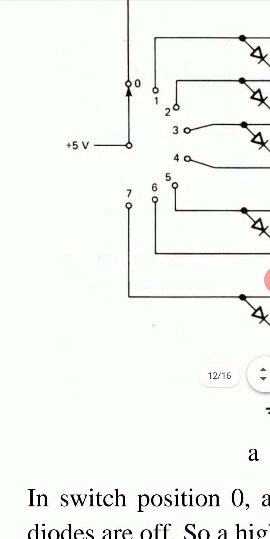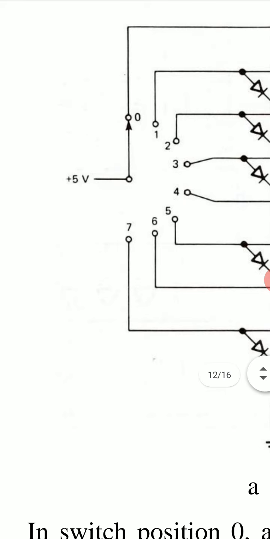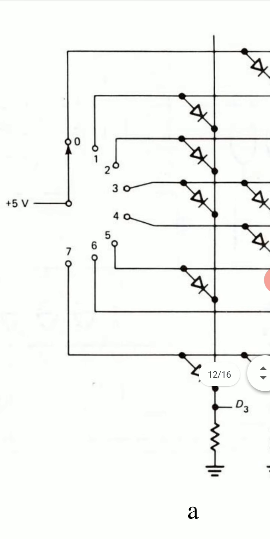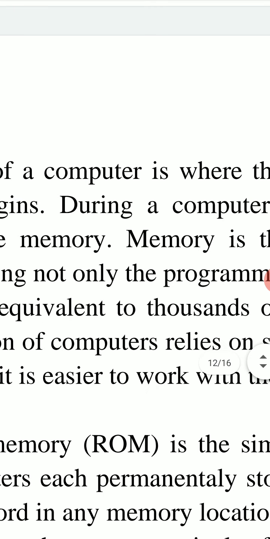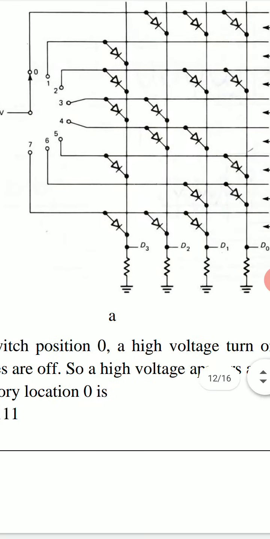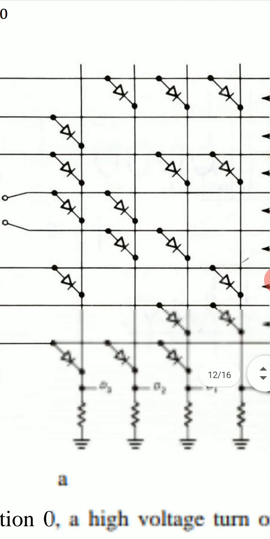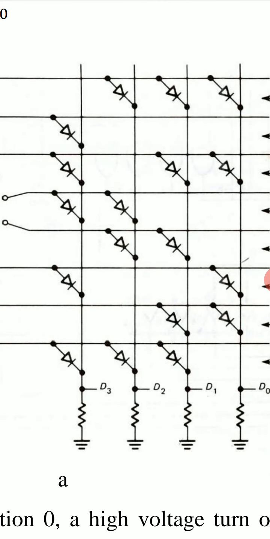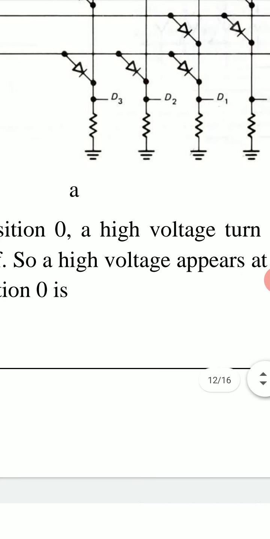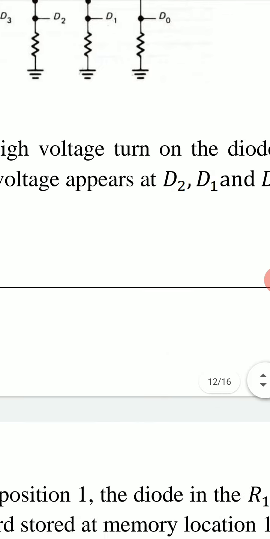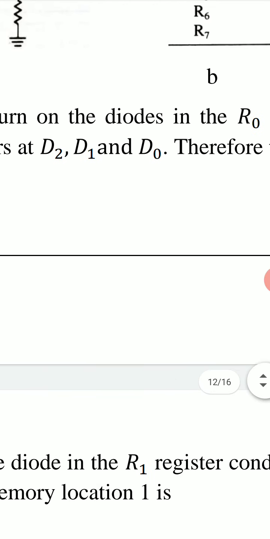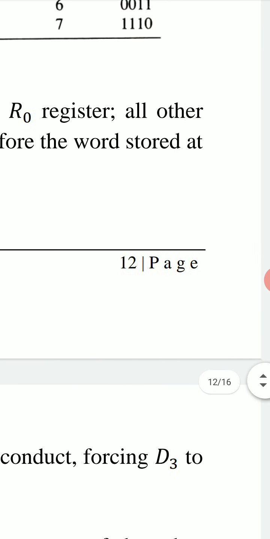If this switch is connected to 0, plus 5 volt high voltage is applied to this R0 register, which contains 3 diodes.